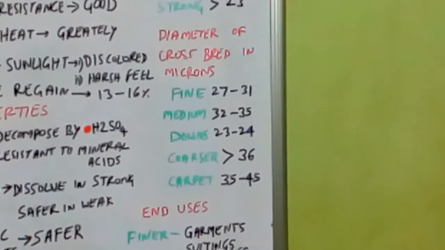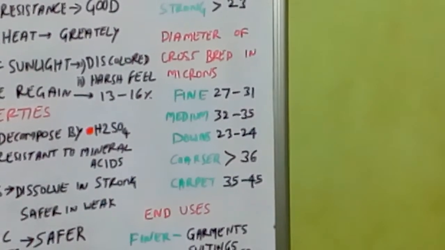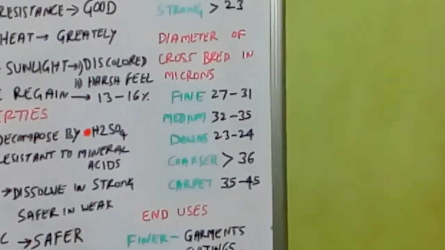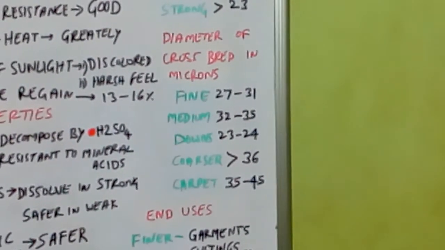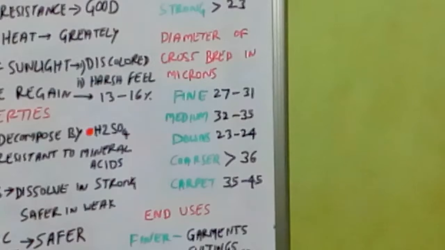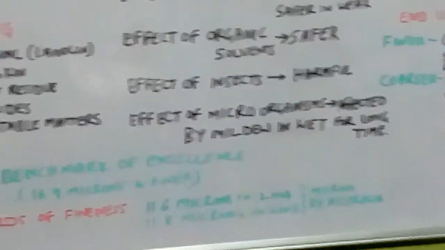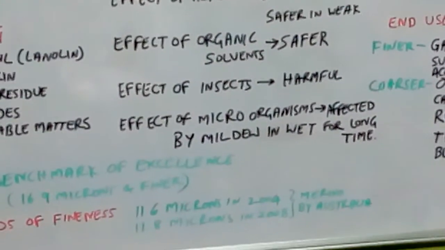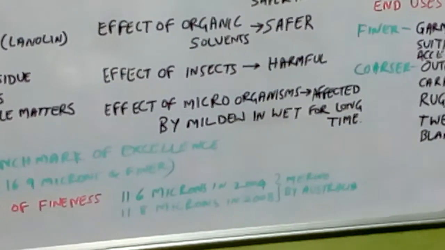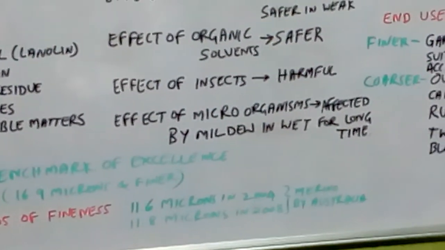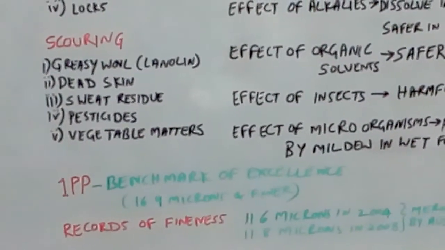But nowadays the challenging records achieved in fineness by Australians are 11.6 microns in December 2004 and 11.8 microns in 2008. These are very fine microns.